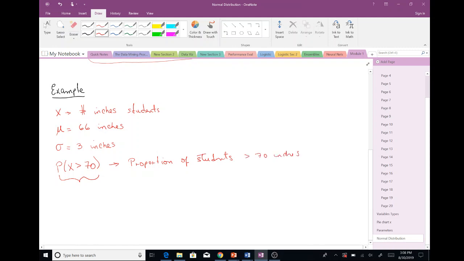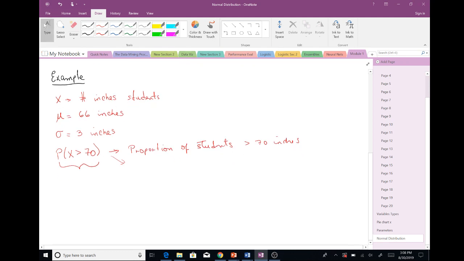We can also say this is the probability that a given student is more than 70 inches tall. There are many ways that we can phrase this particular mathematical notation, but we're going to use them interchangeably. So the proportion of students greater than 70 inches, or the probability that a given student is more than 70 inches tall, for our purposes is the same thing.